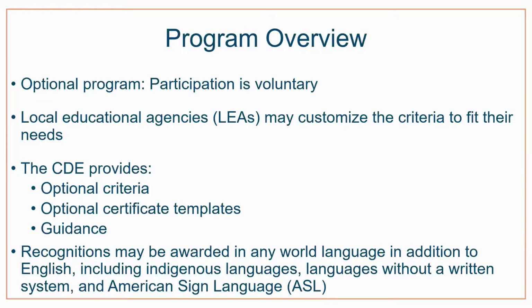The CDE provides optional criteria, guidance, and certificate templates as a resource. LEAs may choose to use or modify the materials provided. No student information must be submitted to the CDE in order to participate. LEAs should keep records locally. The biliteracy pathway recognitions may be awarded in any world language in addition to English, including Indigenous languages, languages without a written system, and American Sign Language or ASL.